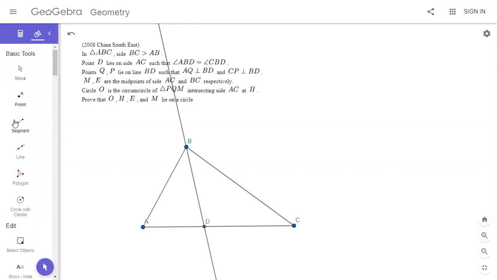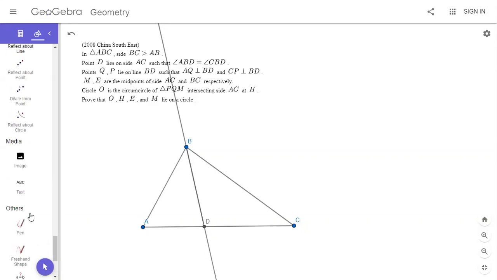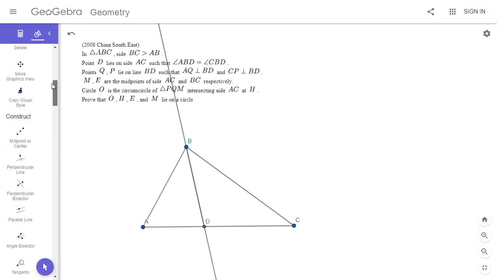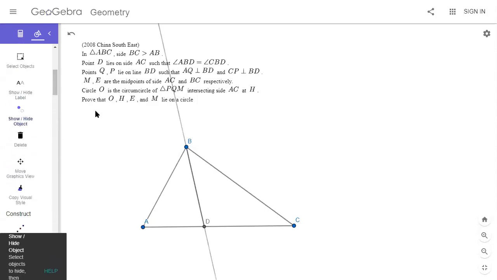ABD is equal to CBD. And then, actually, you know what? I'm going to leave the whole line there for now, and then probably erase part of it later.